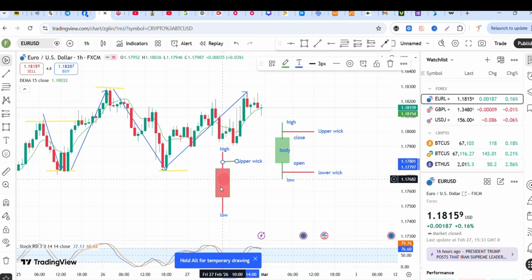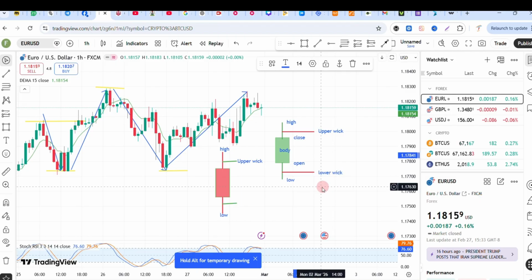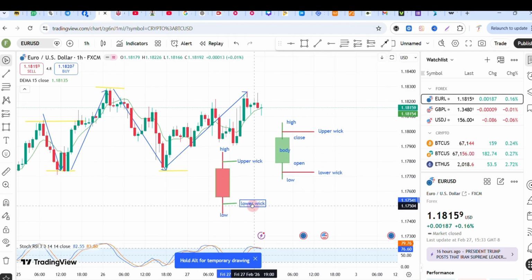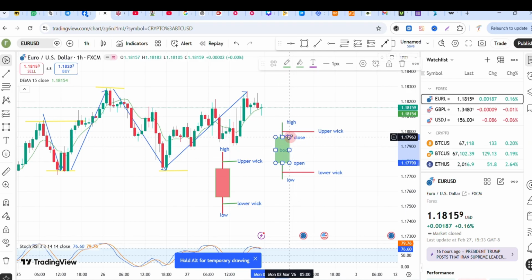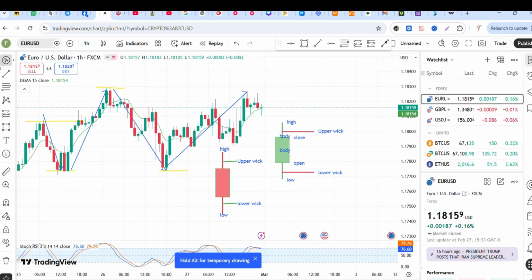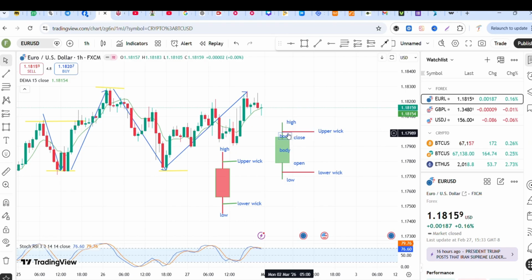So this is the upper wick, and this is the lower wick. This is the body, so this is the body of the candle from here to here.